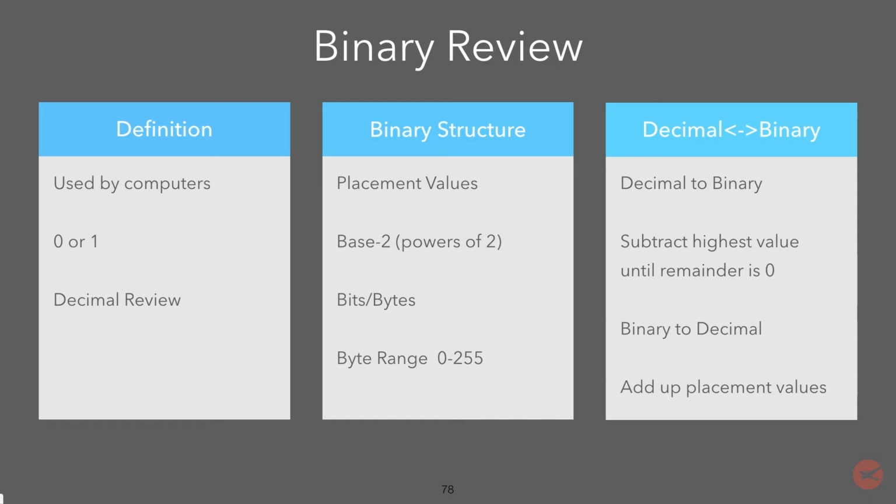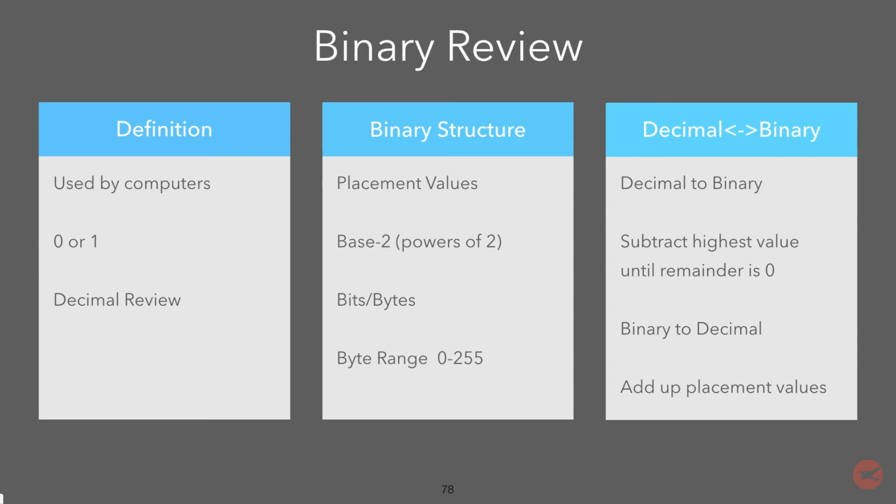And then we reviewed decimal, just to kind of brush up on exactly how these two numbering systems relate. Then we covered the basic binary structure by establishing what the placement values were in our base 2 numbering system, which functions on the powers or exponents of 2 rather than multiplications of 10 like in decimal.